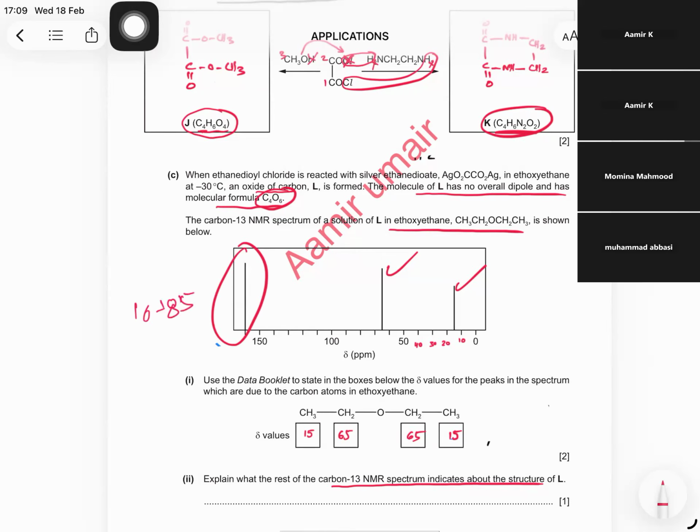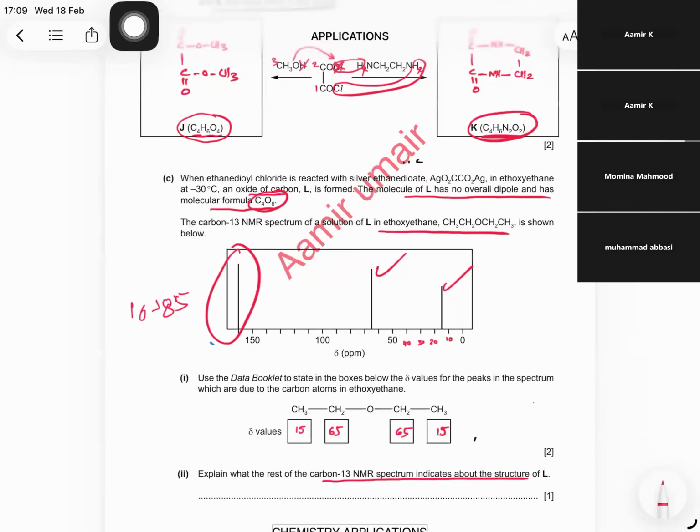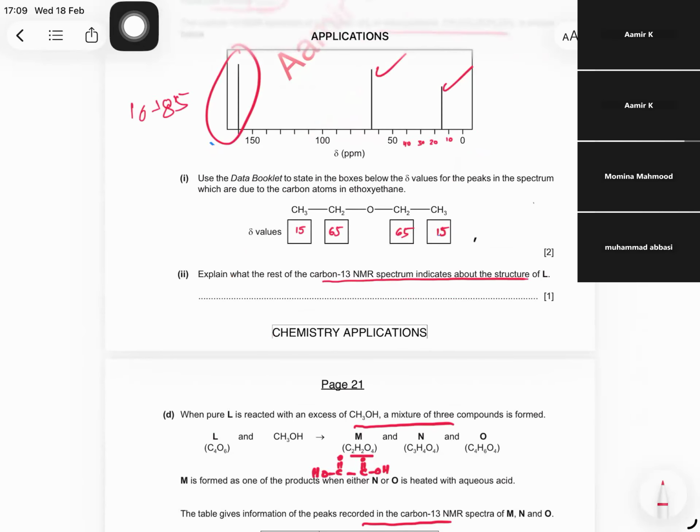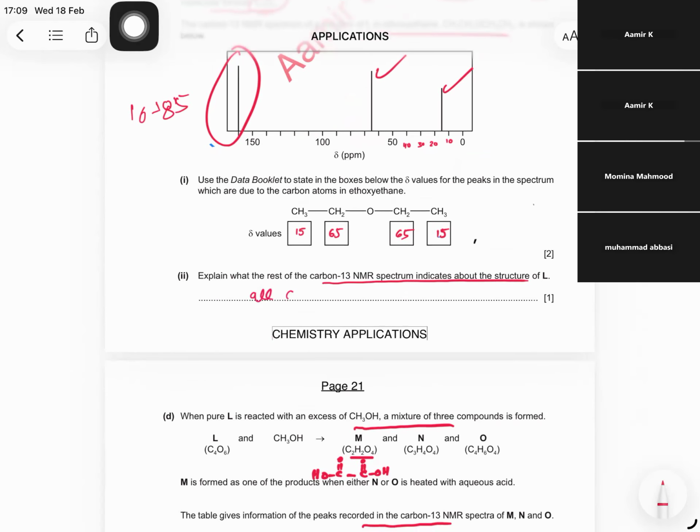So all 4 carbons are in the one chemical environment. Okay. Explain what the rest of carbon-13 indicates about the structure of L. All carbons are in the same chemical environment, or contribute to one peak.